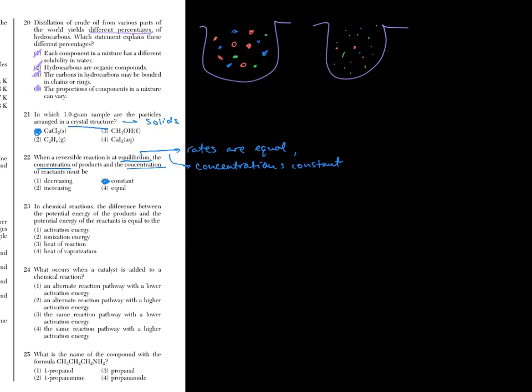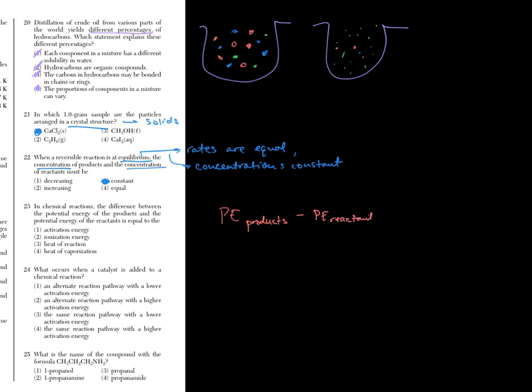Number 23. In chemical reactions, the difference between the potential energy of the products and the potential energy of the reactants is equal to, so PE of products, oops, not equals, minus PE of reactants.